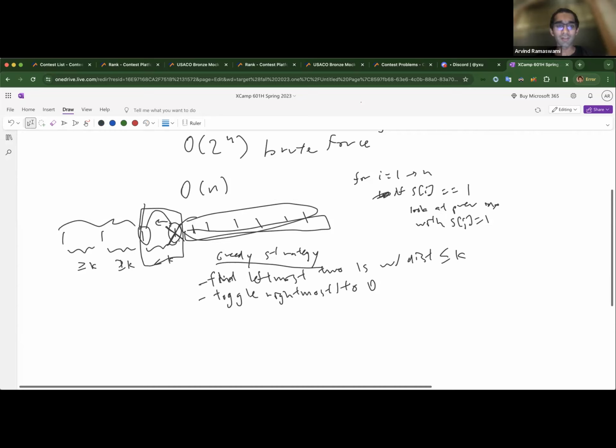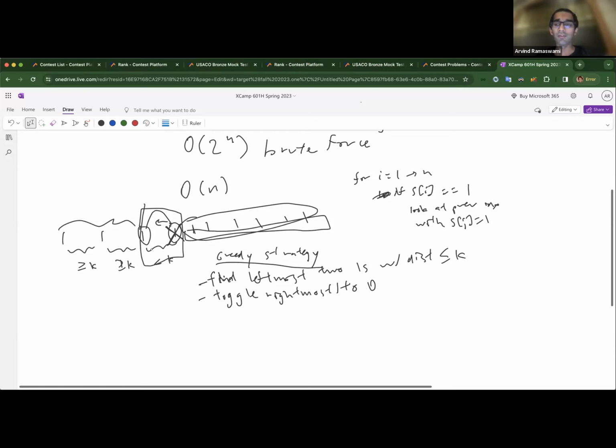The reason we did this is because everything to the left is completely fine, and we want to fix everything to the right. If you change this one to a 0, then these ones will interfere less with whatever's here, because these will have longer distance to this one.